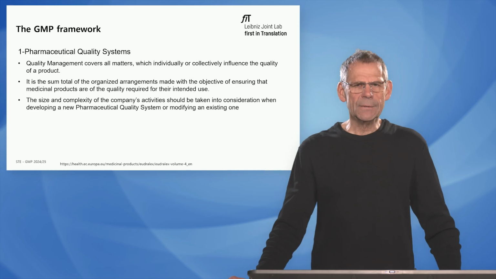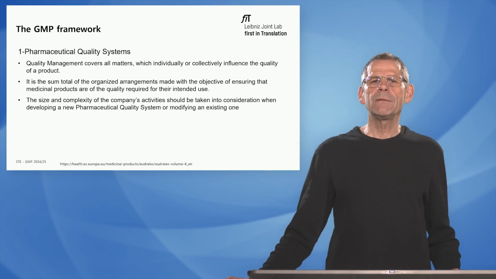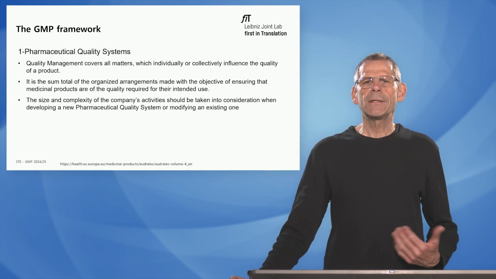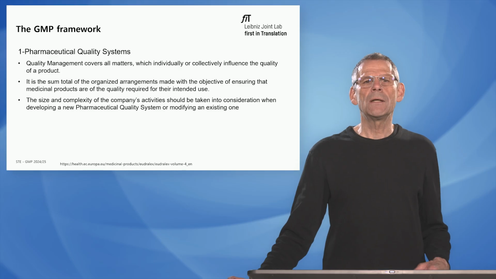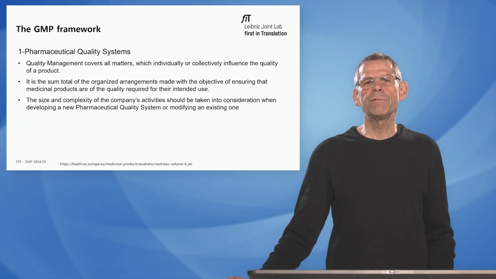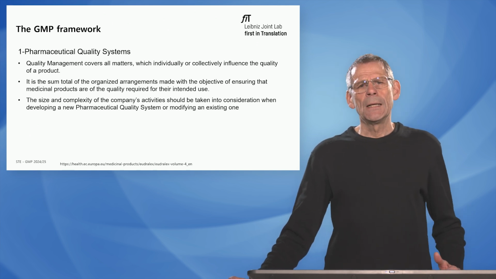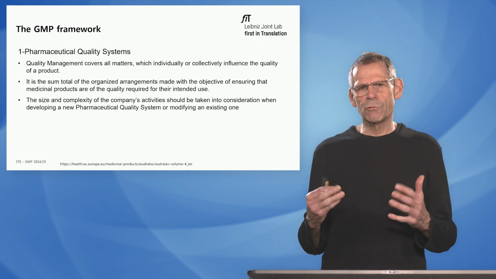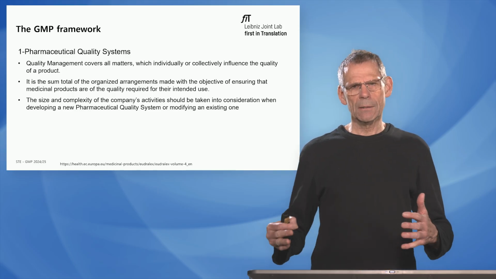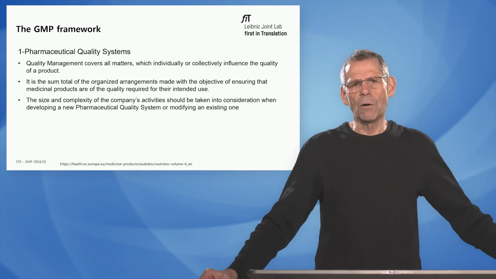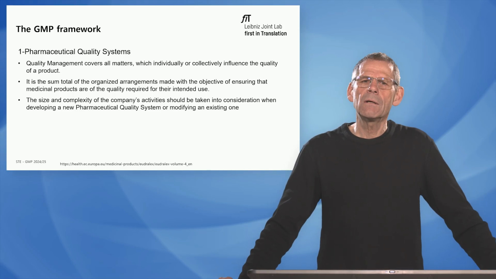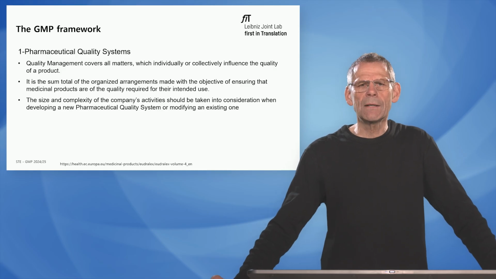It's the size and the complexity of a company's activities that should be taken into consideration when developing new pharmaceutical quality management systems or modifying existing ones. As I said, the GMP license we get is product specific.